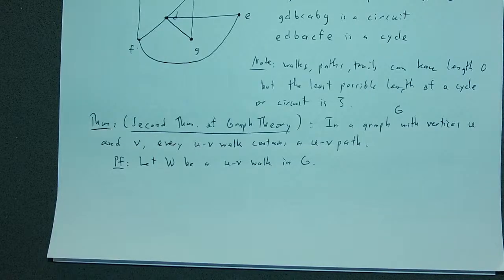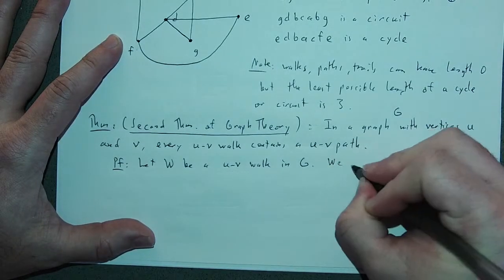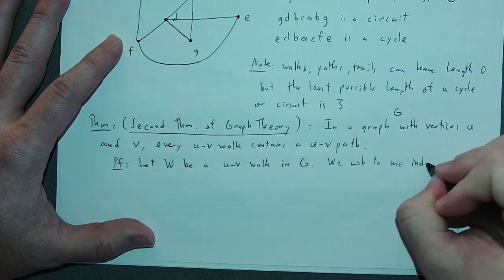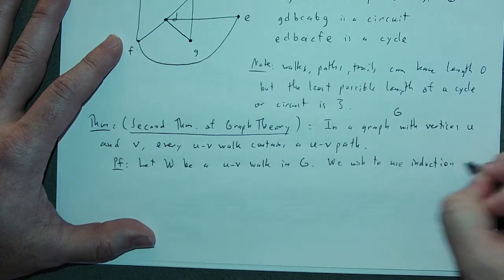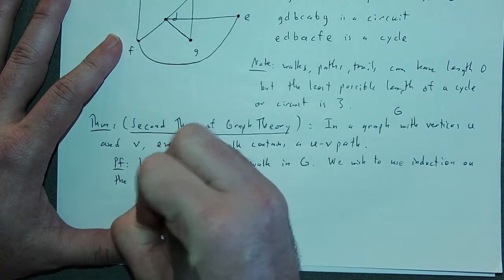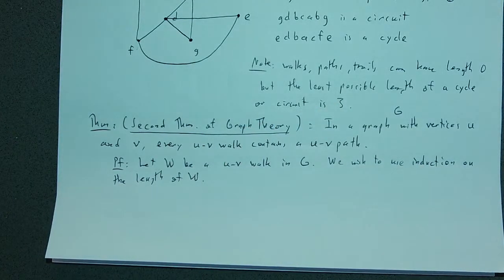So the idea is to induct on the length of the walk W. So we wish to use induction on the length of W. Of course, doing a proof by induction shouldn't be too big of an ask for you all. Whether you're math or CS, you've been suitably beaten over the head with induction many, many times by now, so hopefully it's forever ingrained.